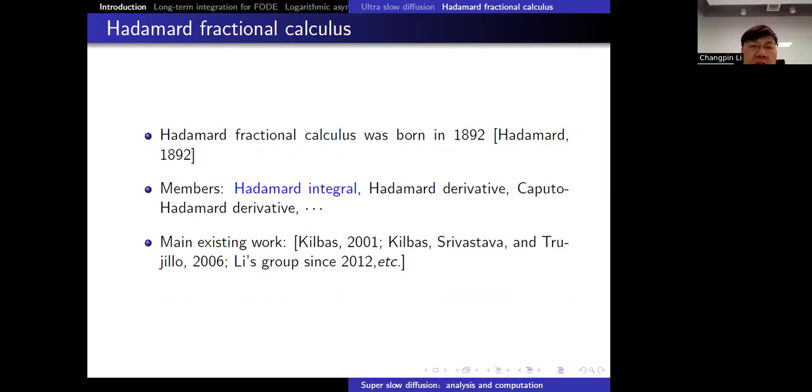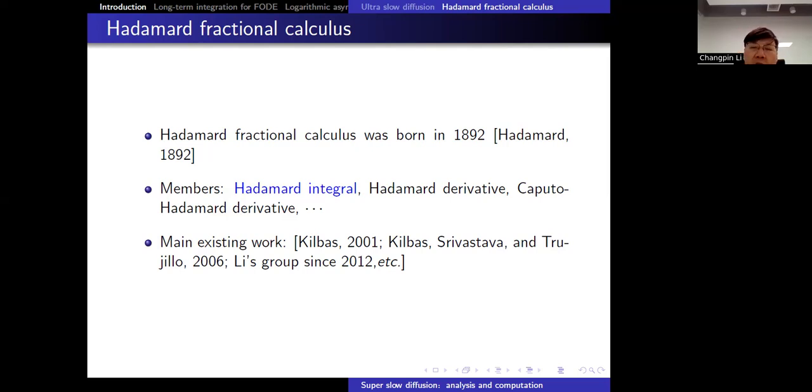For the integer order calculus, we first introduce the derivative, then the integral. But for fractional calculus, we introduce the fractional integral first, then the fractional derivative.